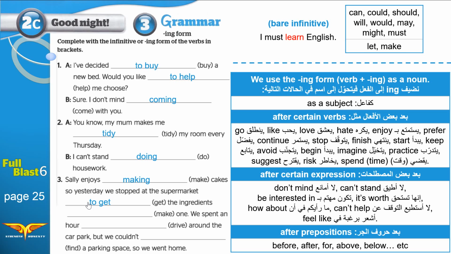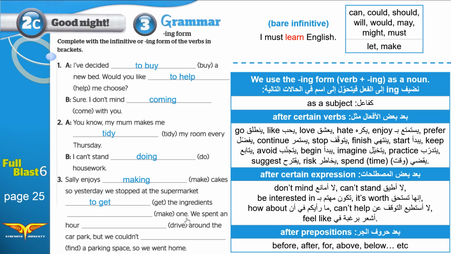Sometimes we add to. If we are talking about the reason, then add to. If we are talking about quitting, like I stopped smoking, that means I quit smoking. I stopped eating fast food, that means I no longer do that. But in here, we are talking about the reason why they stopped at the supermarket.